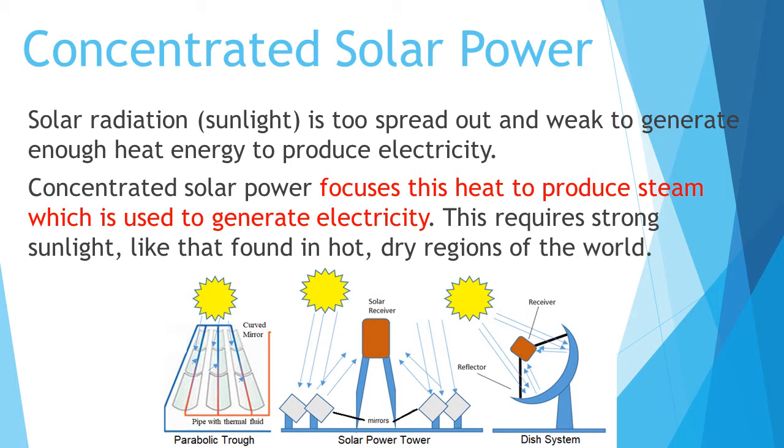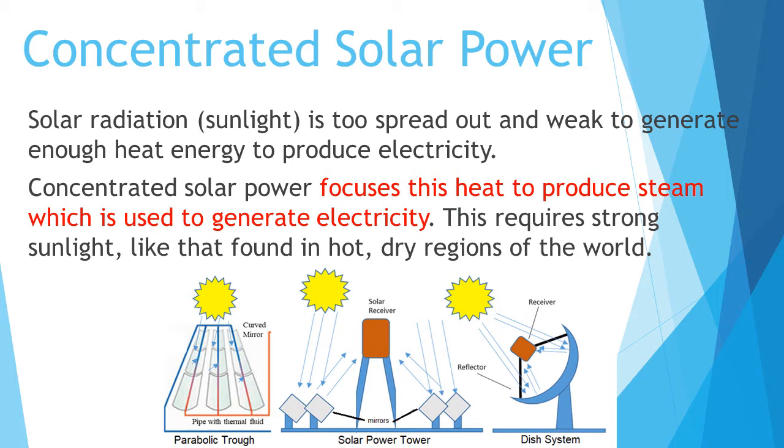So what concentrated solar power does is it focuses this heat to produce steam, which is used to generate electricity, like we've talked about before, using steam to power a turbine, to spin a generator, to create electricity.